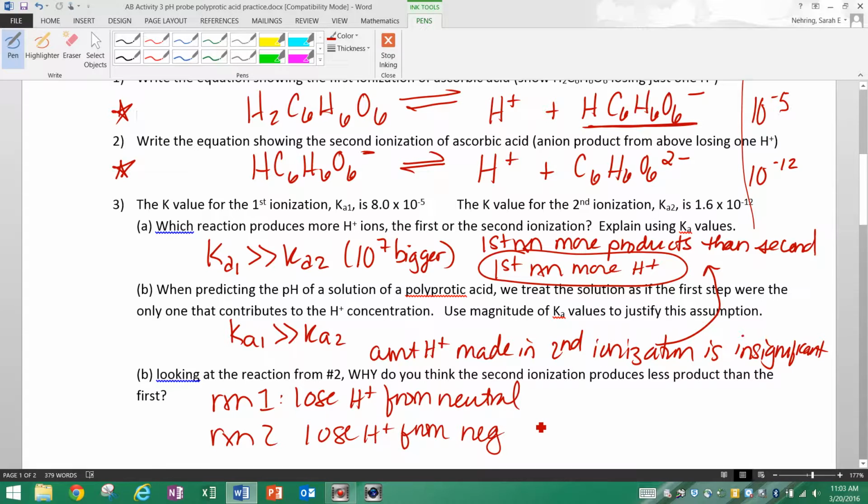That's making it more negative. Something that's negative is less likely to want to give up a hydrogen than something that is neutral. So that's the reason why our first ionization typically has a much larger K value than any successive ionizations, because you're trying to remove these protons from more and more negative ions as you go through these ionizations.